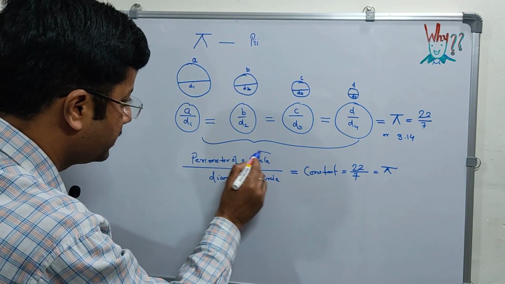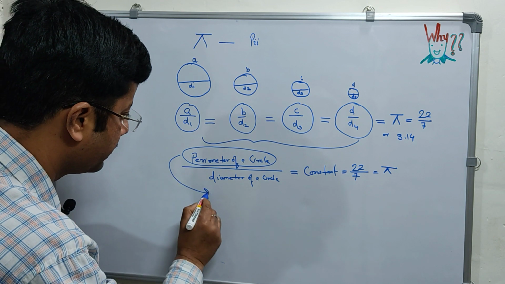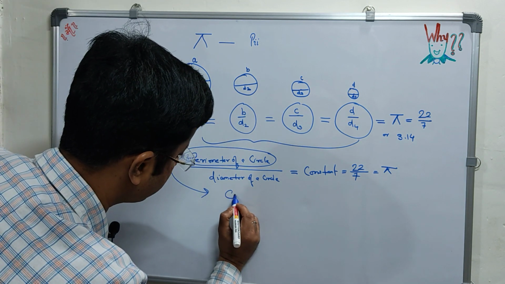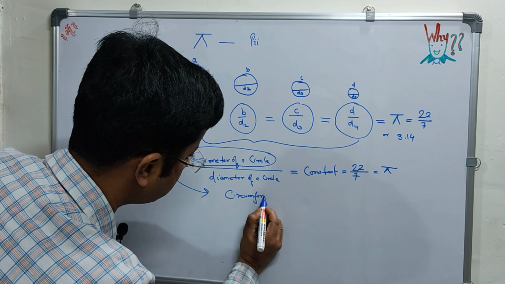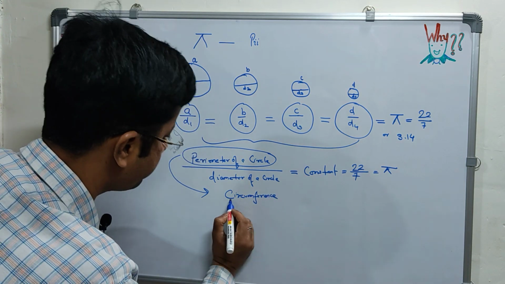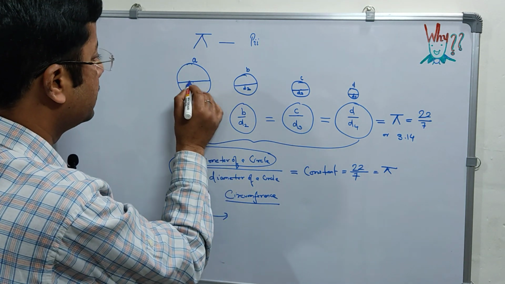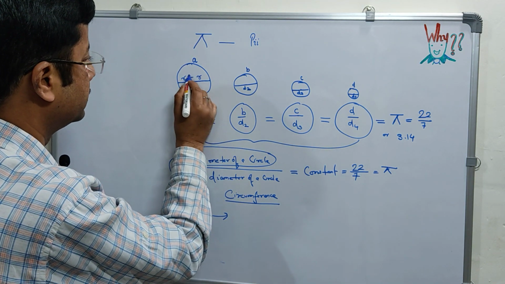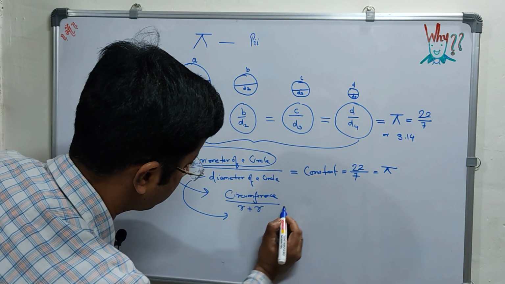Now this perimeter which we see here, in case of a circle, is named circumference. And this diameter is radius plus radius, that means r plus r.